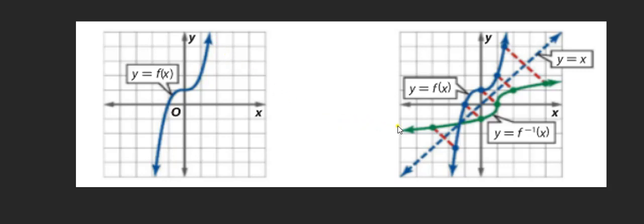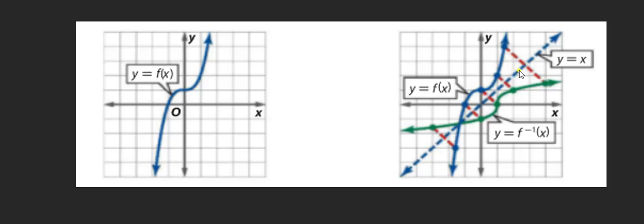Well, it turns out that f of x and f inverse of x are symmetrical with respect to y equals x, which is this line right here. In other words, if this is a paper, if you fold the paper along y equals x, then these two graphs will overlap one another.